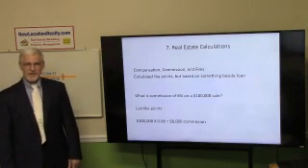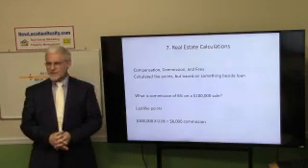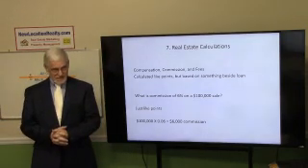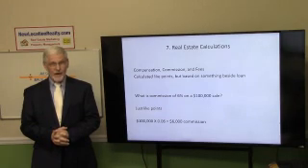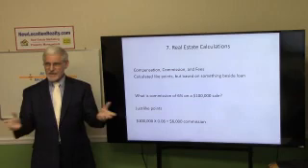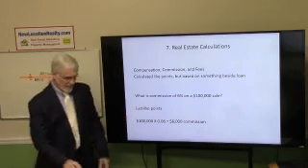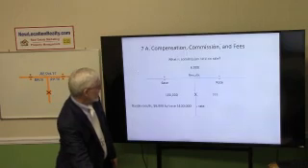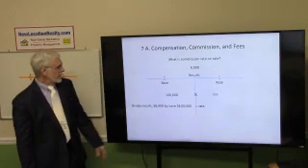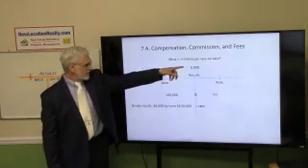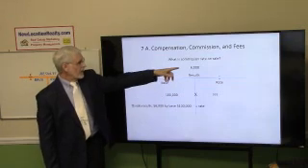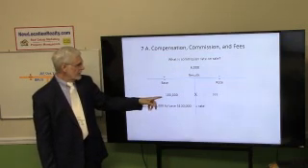Compensation, commission. What's the commission if you're getting paid 6% on a $100,000 sale? 6,000, that we didn't even think about. But if we set that up in our formula, let's look at it. There it is, got paid 6,000 on a 100,000 sale.